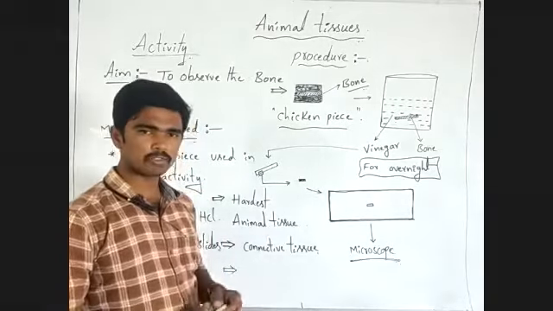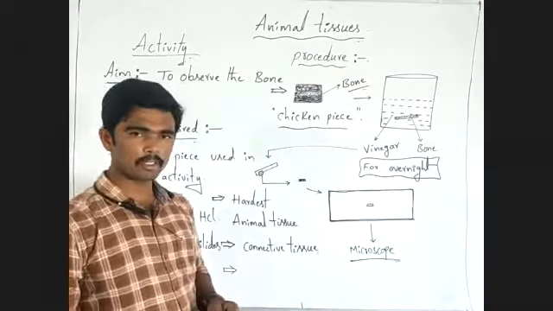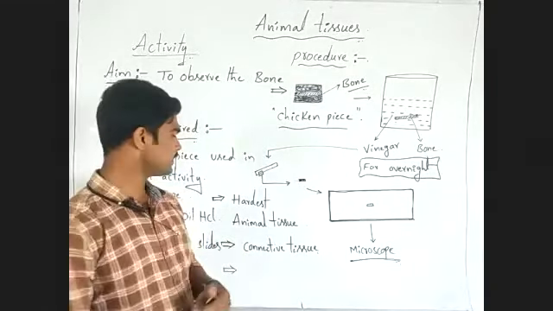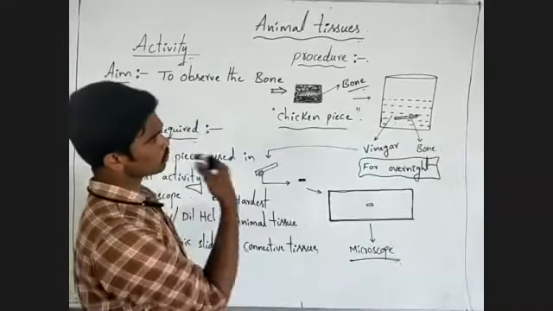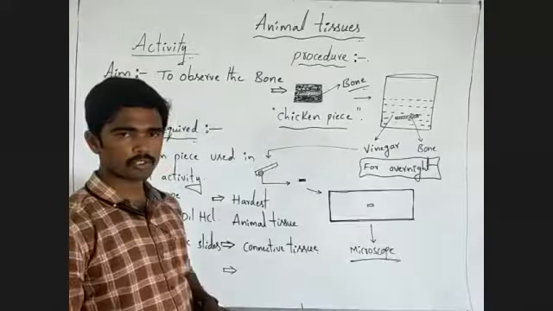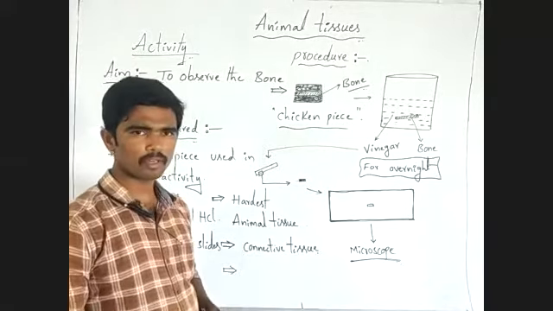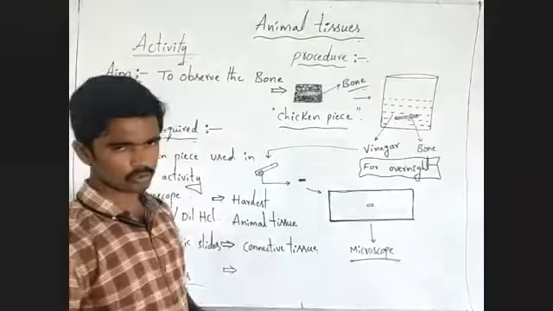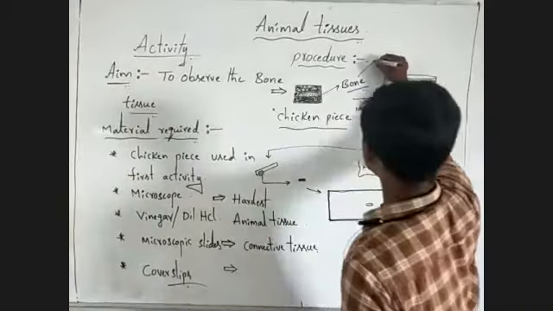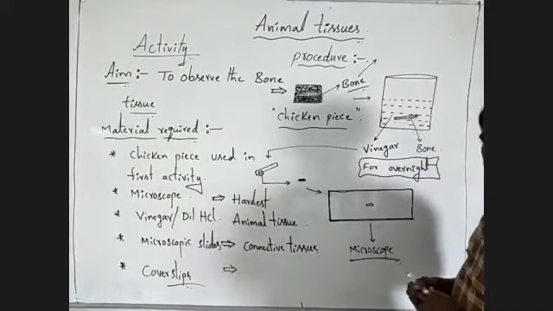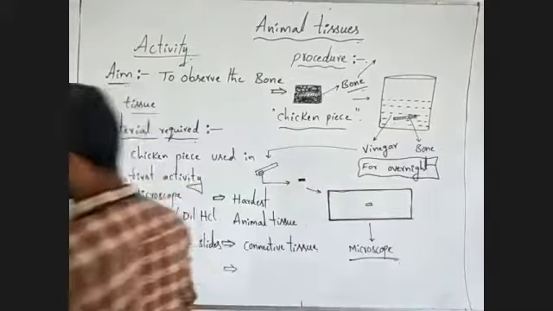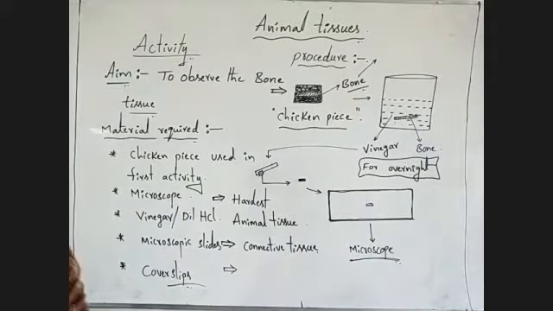What is the location? It is present in the endoskeleton. The entire endoskeleton is made up of the hardest animal tissue, bone tissue. These are made up of osteocytes. Okay, this is about the activity.